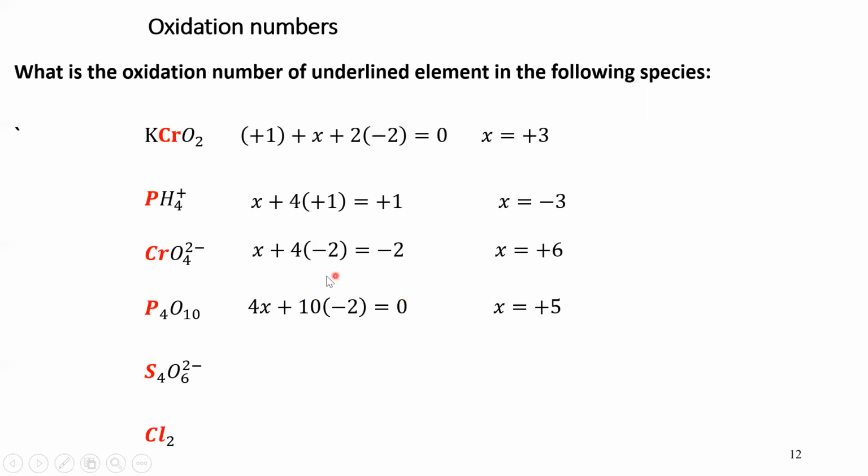Add 20 to both sides, divide both sides by 4, X equals 5. All right, so let's try the next one. S4O6 2-. We want to figure out what sulfur is. Again, sulfur, like phosphorus or chromium, is multivalent. They have more than one possible oxidation number.